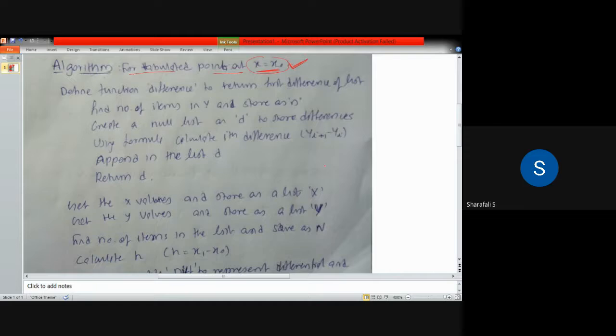So that is nothing but, for the tabulated case, dy by dx at x equal to x0. I'm talking about x equal to x0.